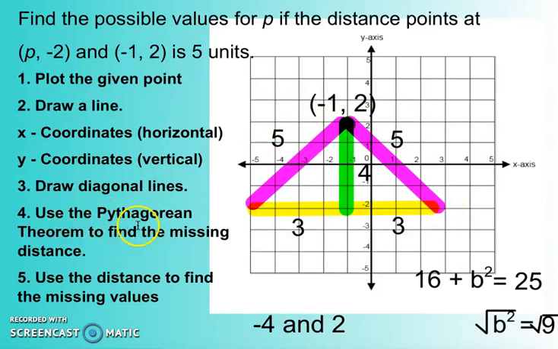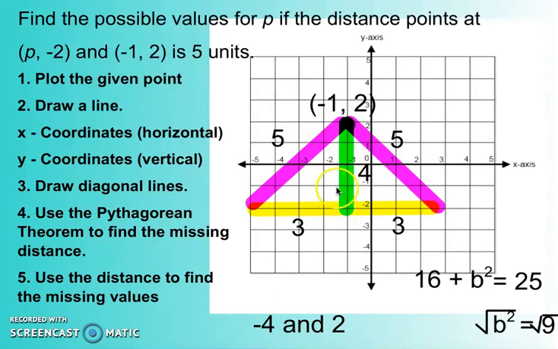Then I used the Pythagorean theorem to find the third part of my triangle, or the other leg that's missing. And this is the work that I did down here. I found that the square root of 9 was 3, so that was my missing leg. And that's the distance that I'm looking for.